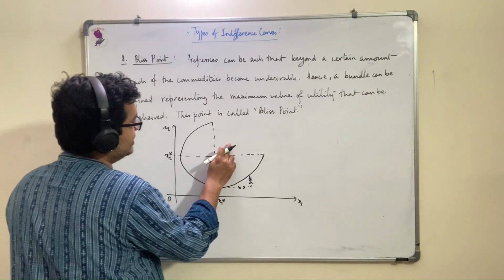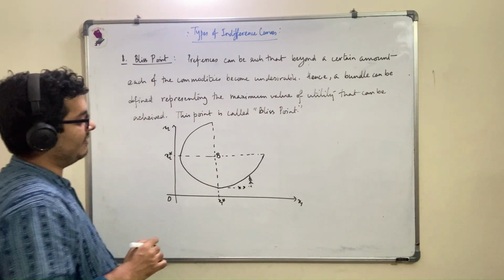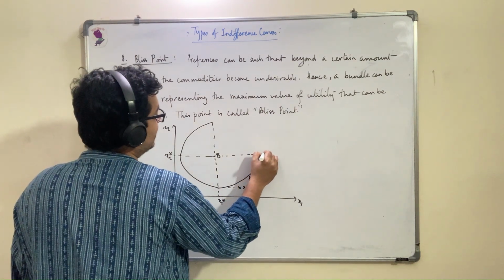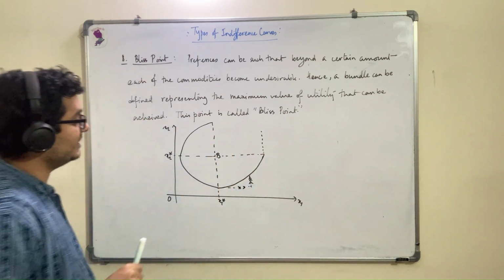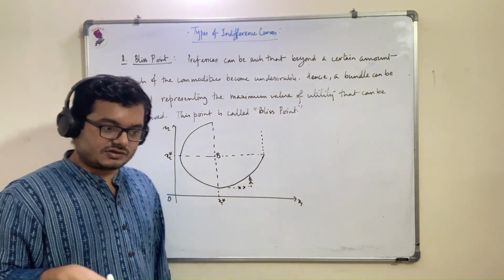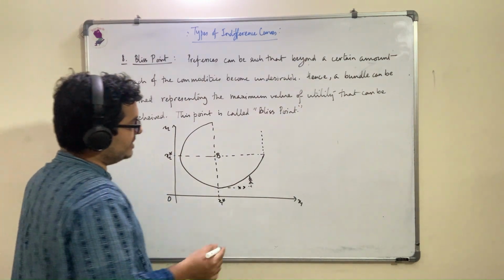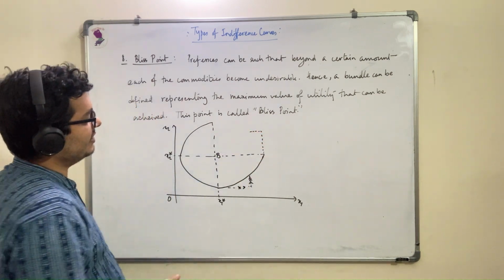Now in this region, both these are undesirable. Alright. So say at this point, if I increase x2, then my utility has actually reduced. So to increase the utility, I must reduce x1 also, because x1 is also undesirable.